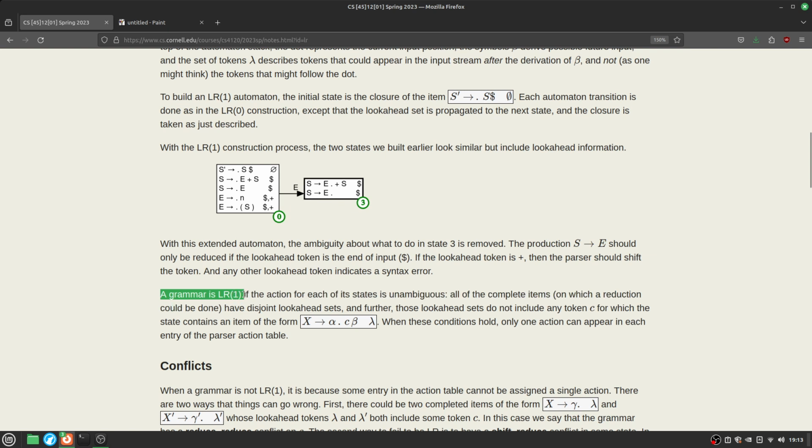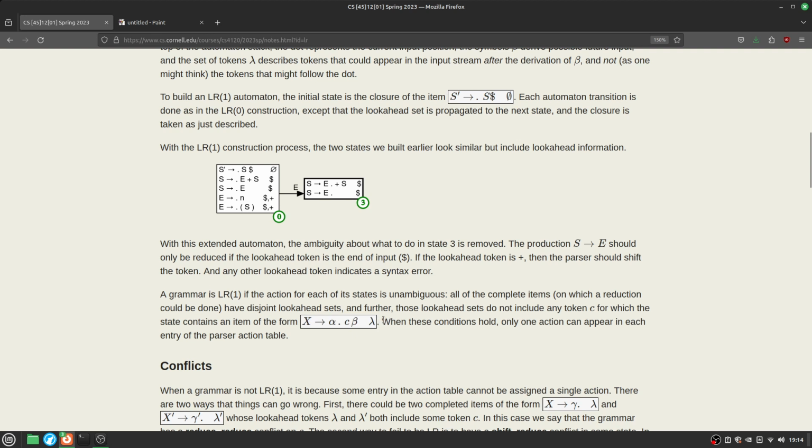A grammar is LR1 if the action for each of its states is unambiguous. All the complete items on which a reduction could be done have disjoint look-ahead sets. And further, those look-ahead sets do not include any token C for which the state contains an item of the form X tends to alpha dot C beta.